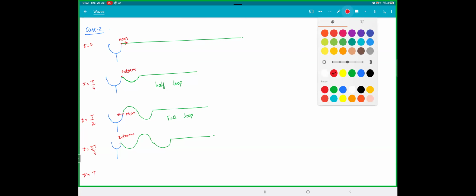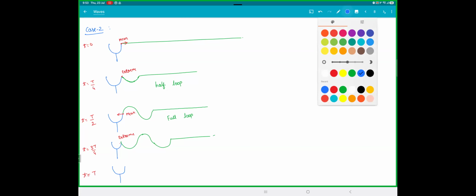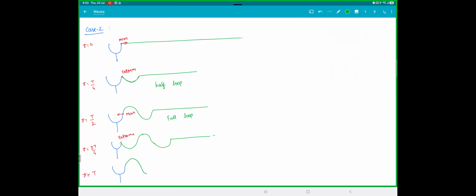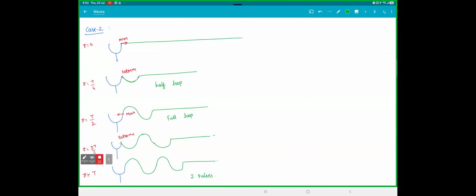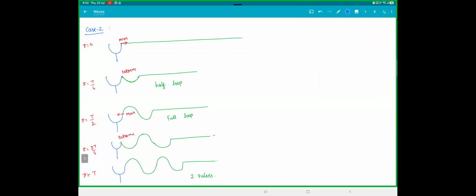And you're pushing it continuously. At t is equal to T, again, when you push forward, this thing I'm actually unable to draw properly, you get again a bump. You actually get two pulses. So this is a good one. Like they can trap you like this. So in one oscillation, we get two pulses. If they don't mention anything, it is case 1.